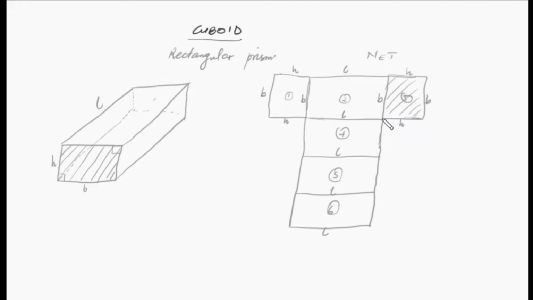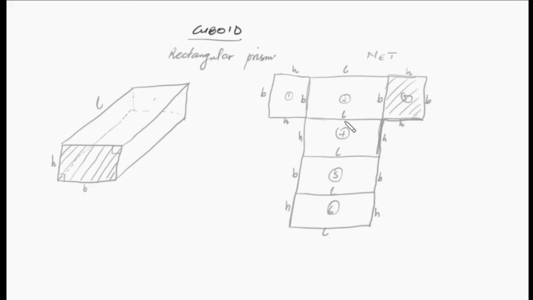They are going to join together. This side and this side are the same. They are equal. This one and this one, they are going to join together. So that means this is the height. Okay, this is the height, and this is the breadth, and this is the height. Okay. Yeah, it should be like this.